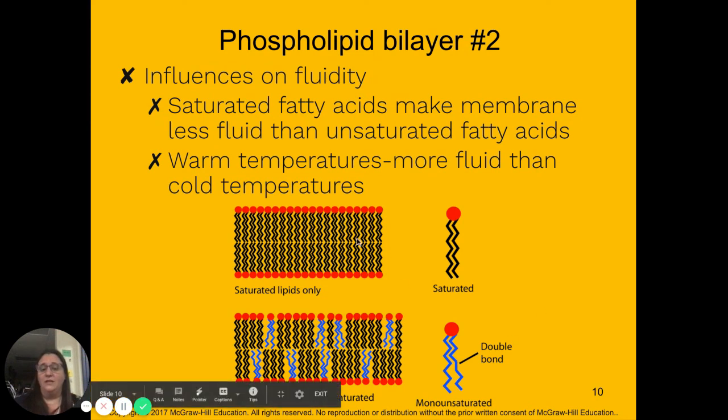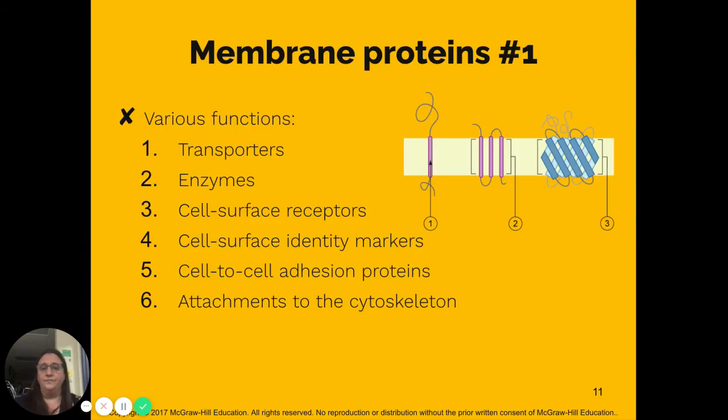There are no kinks in the chains of the fatty acids, so they hold it tighter and closer together, whereas unsaturated fatty acids have double bonds and are a little bit more kinked, and that holds them further apart. Also, with warm temperatures, our membranes will be more fluid than with cold temperatures.